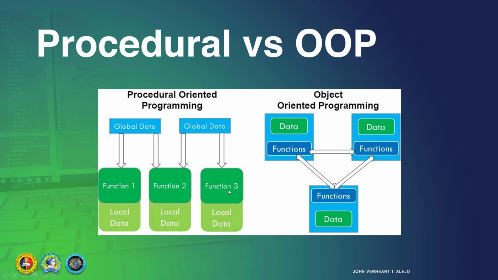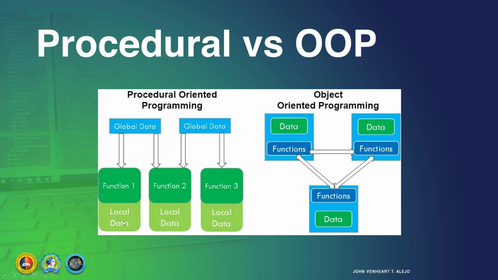Now when you say local data, every function has its own local data. The local data of function one does not have the capacity to share or change information with the other functions. Meaning they are independent.